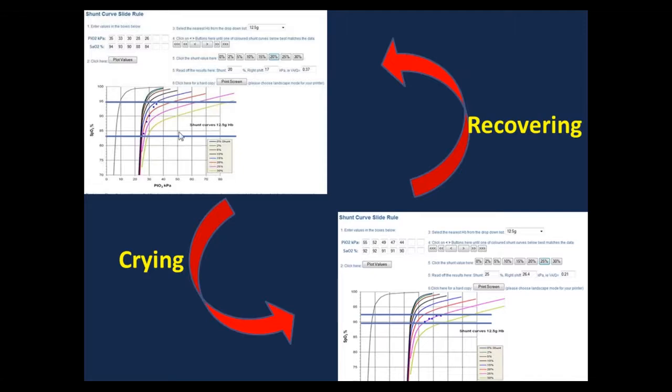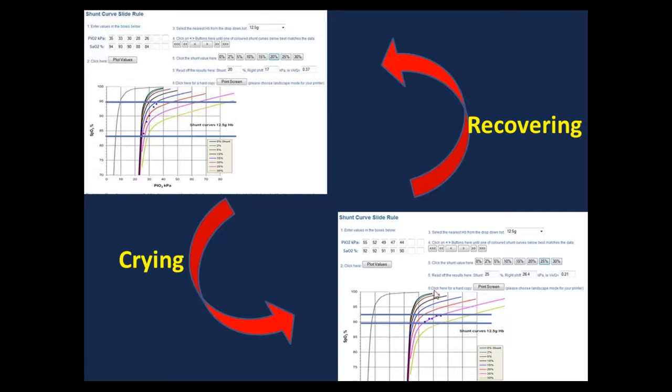For example, if you have an infant with a ventilation perfusion ratio of 0.37 and a 20% right to left shunt, and you apply an oxygen reduction, he was on 35% and now 26% inspired oxygen, and he started to cry.